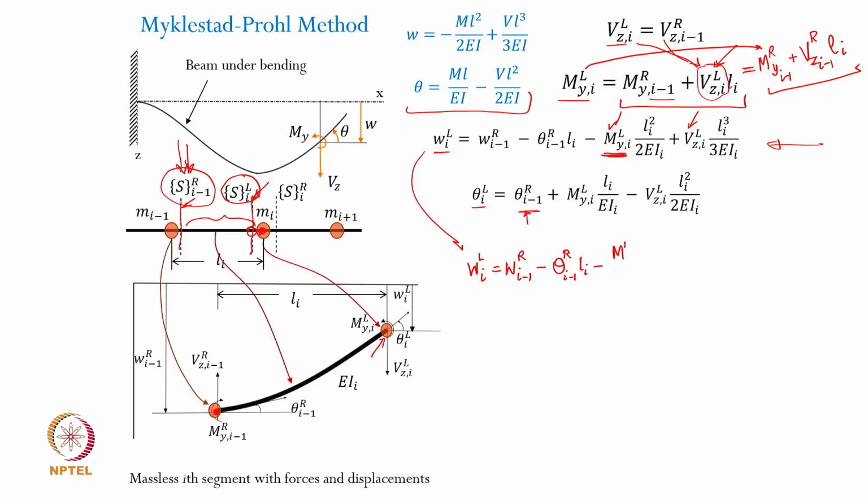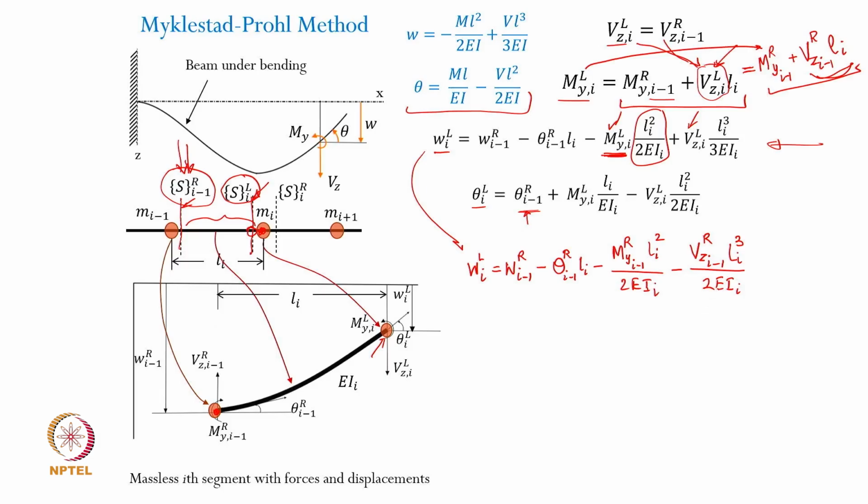When I replace it, M^R_{y,i-1} multiplied with this L_i square upon 2 EI, this is minus this, and then I need to add this part, so minus V_{z,i-1}^R. Now L_i into L_i square becomes L_i cube divided by 2 EI.